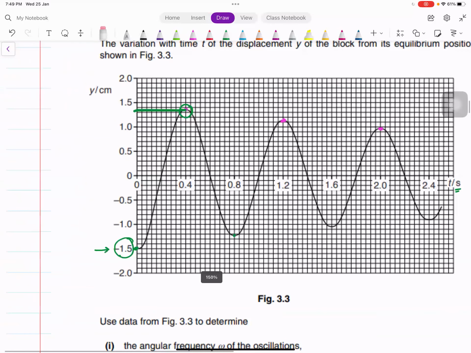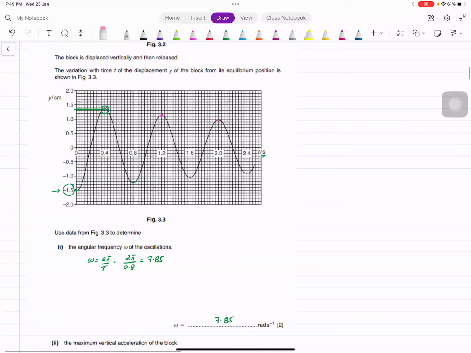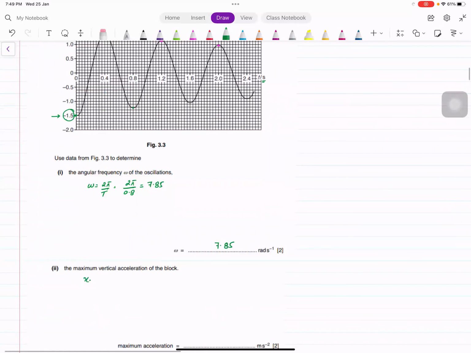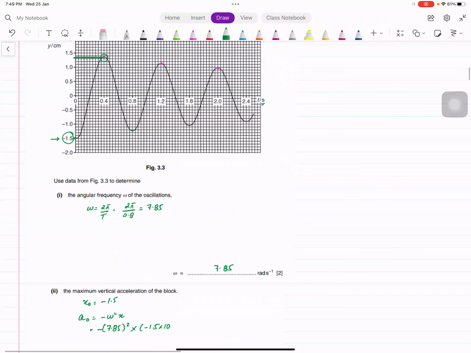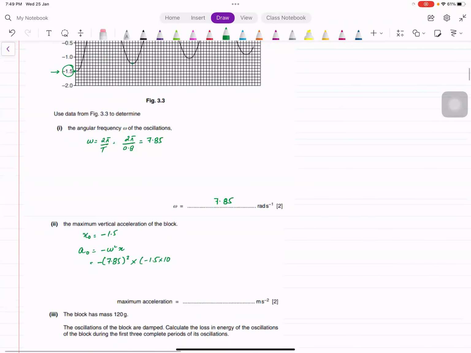Then you're going to say, all right, the maximum, the x naught here is negative 1.5. And I want to find the acceleration. So I'm going to use a equals minus omega squared x naught. This is going to be 7.85 whole square times negative 1.5 times 10 raised to power minus 2, because that was in centimeters. Can you find this, please?